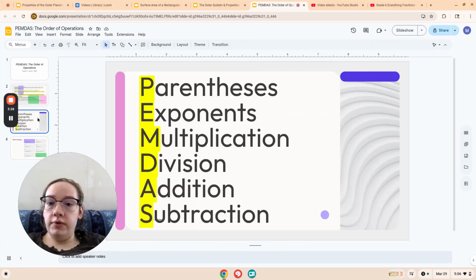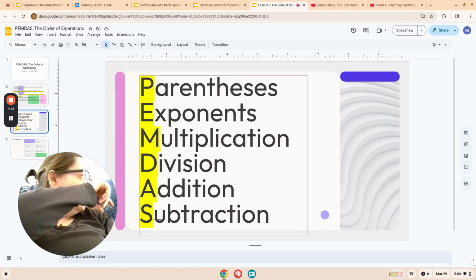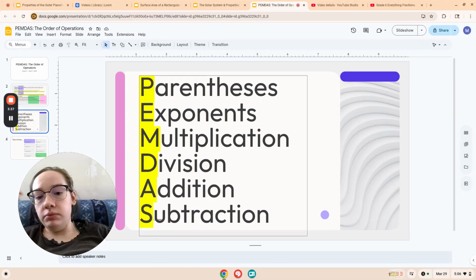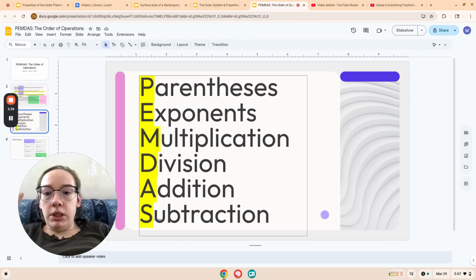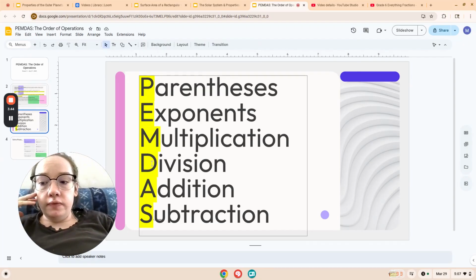So I developed this little acronym chart here. Parentheses, exponents, multiplication, division, addition, subtraction. PEMDAS.